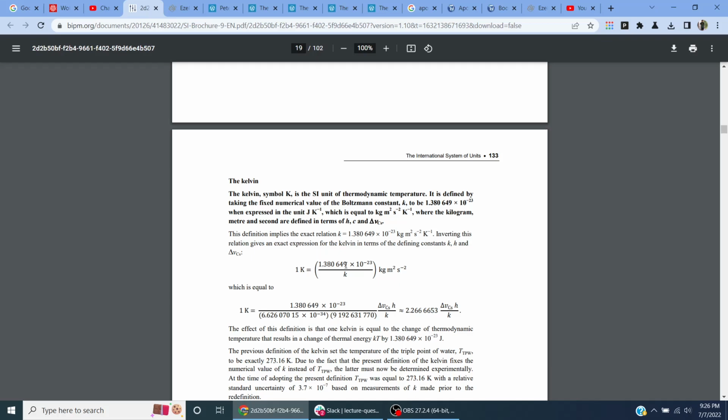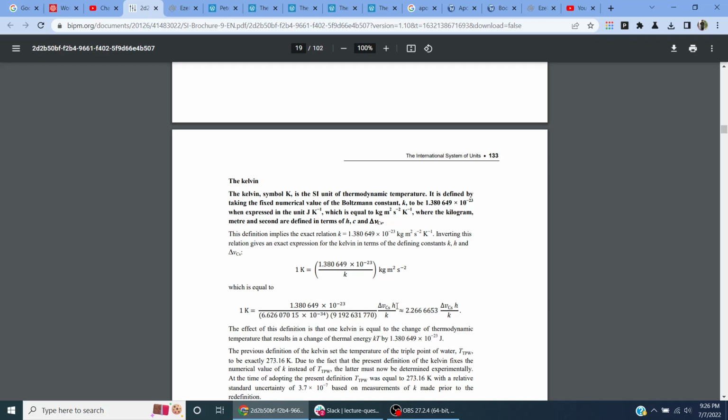1 kelvin equals 1.380649 times 10 to the minus 23 divided by the Boltzmann constant, kilograms meters squared per second squared, which is equal to 1 kelvin equals 1.380649 times 10 to the minus 23 over 6.62607015 times 10 to the minus 34 times 9,192,631,770 times the cesium frequency.